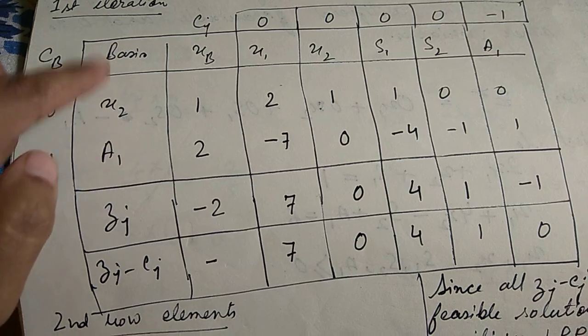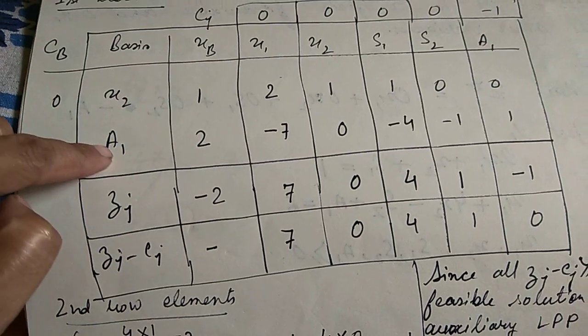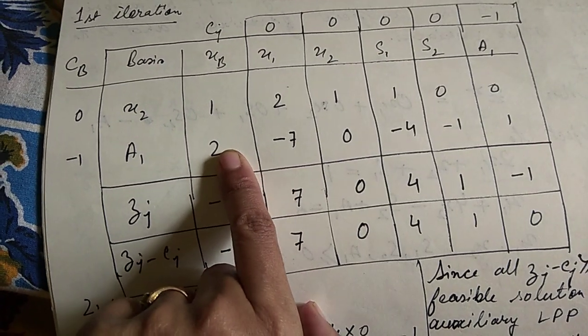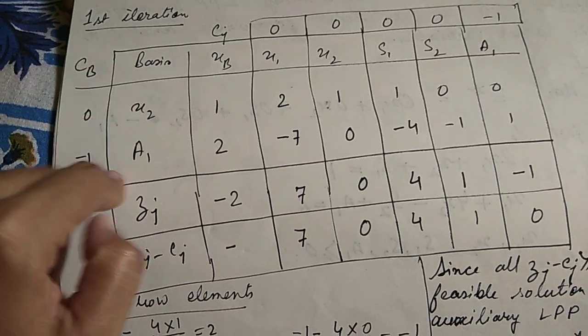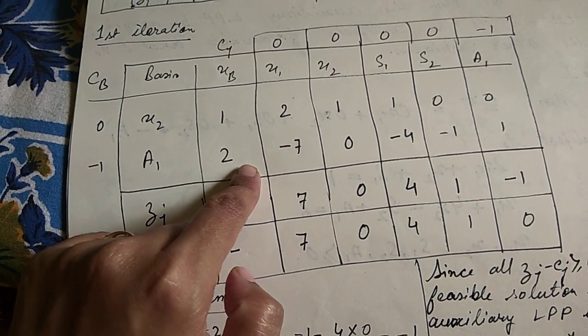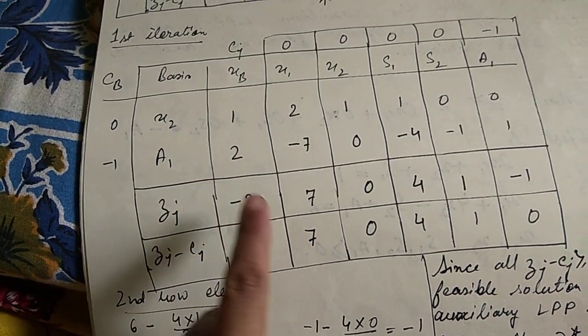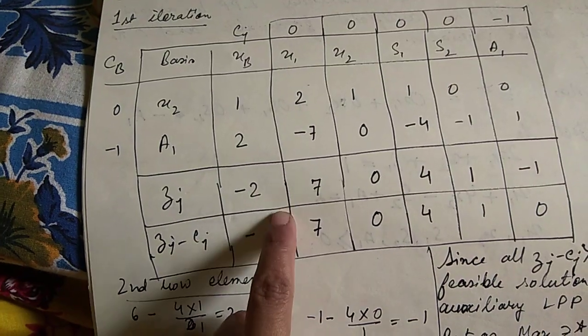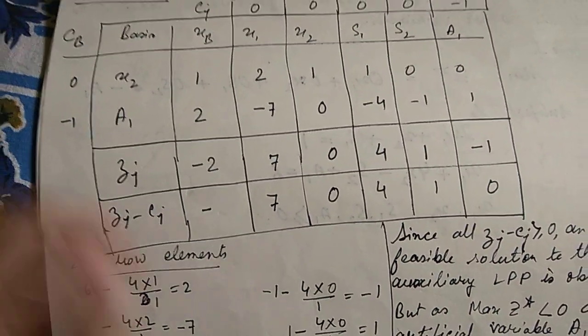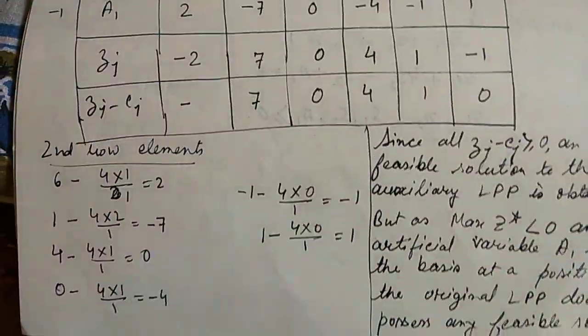It means that in the basis there is an artificial variable at the positive level, that means whose value is positive. If in the basis there is an artificial variable at the positive level and max z star is less than 0, that is a negative value, then we cannot proceed to phase 2. So we will have to stop here.